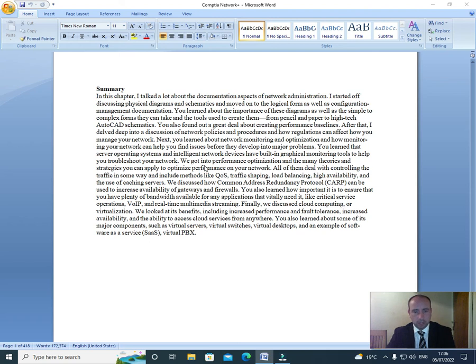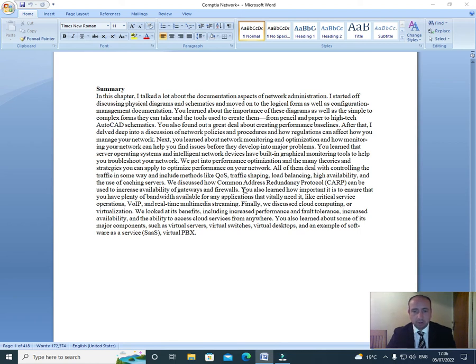We got into performance optimization and the many theories and strategies you can apply to optimize performance on your network. All of them deal with controlling the traffic in some way and include methods like QoS, traffic shaping, load balancing, high availability, and the use of caching servers.